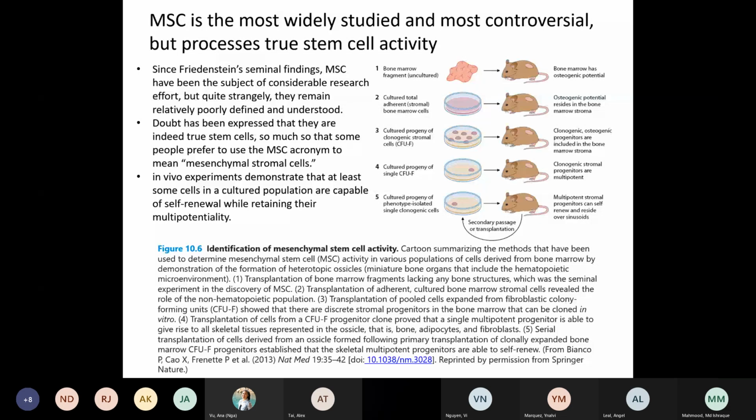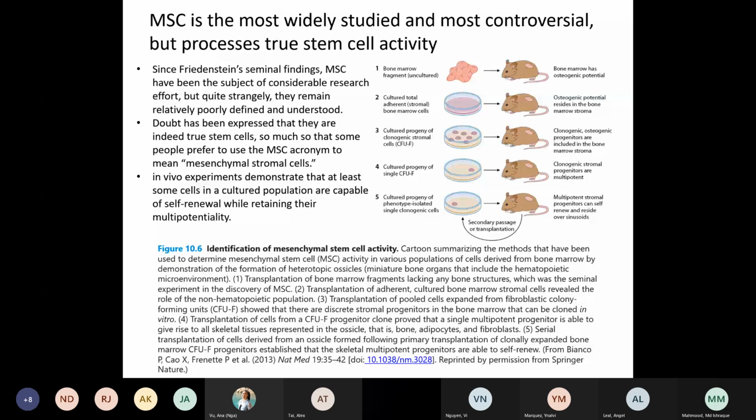But although almost the same amount of time has passed since the discovery of hematopoietic stem cells and mesenchymal stem cells, somehow the mesenchymal stem cell research field is not developed as well as the field of hematopoietic stem cells.